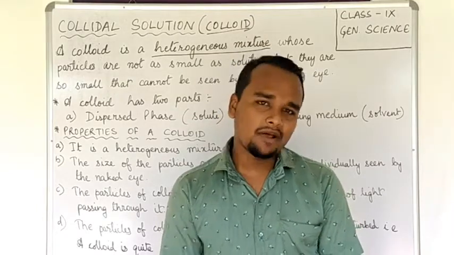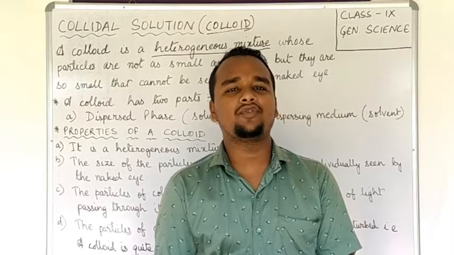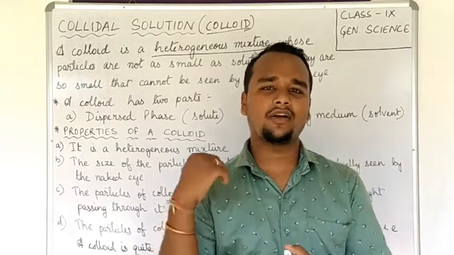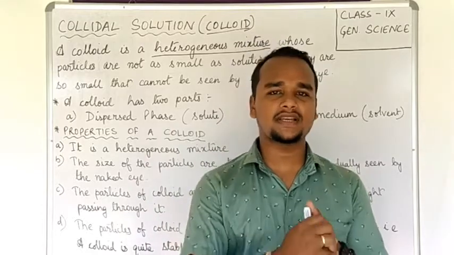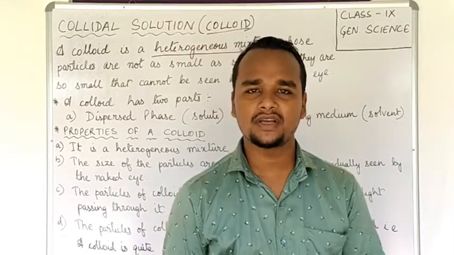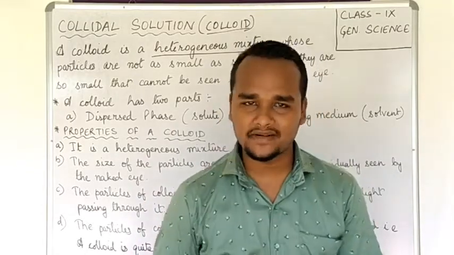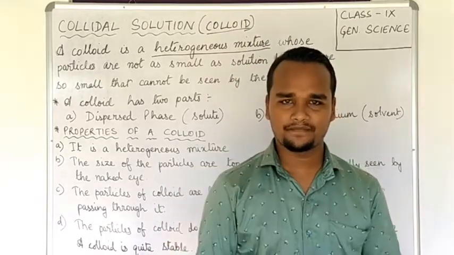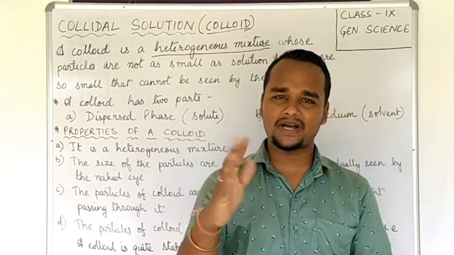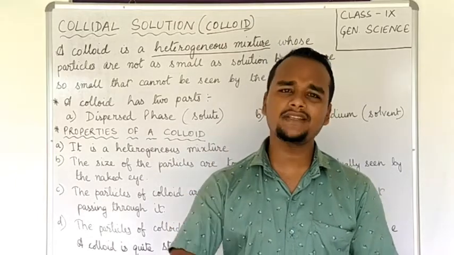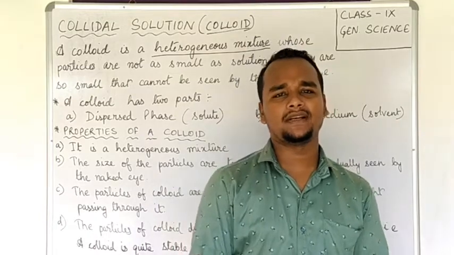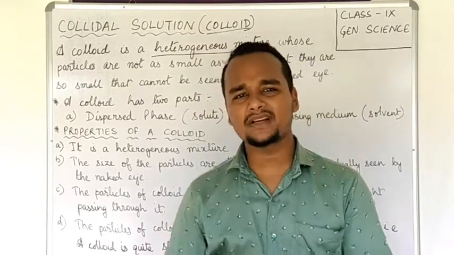Right? Now, let me ask you one thing. If you try to pass light through milk, do you think the ray of light will pass through, just as we discussed in solution? If you pass light rays through a solution, they pass through very nicely, with no scattering. But do you think the same will happen with milk?